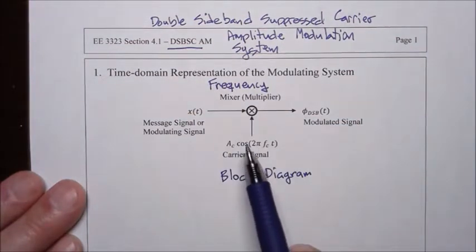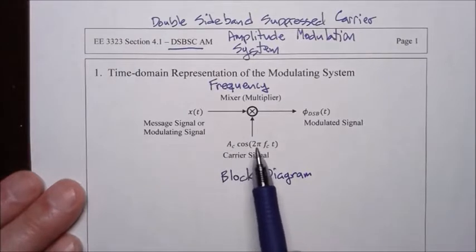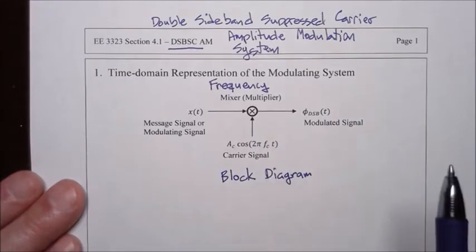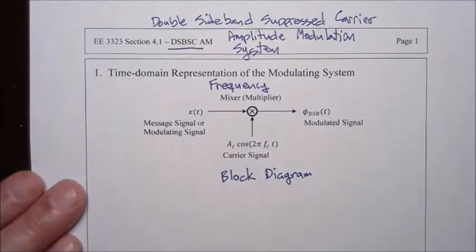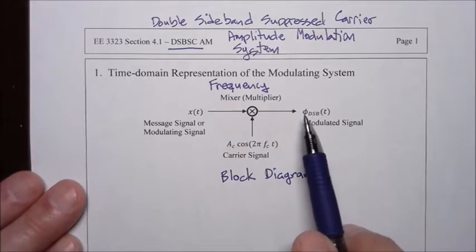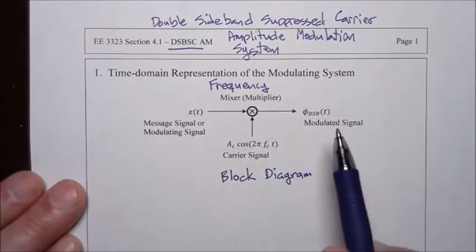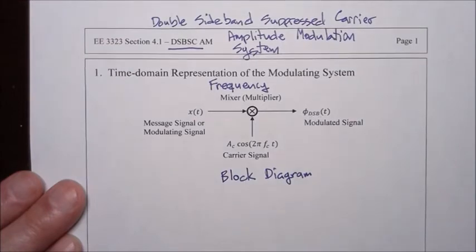And the second input is the carrier signal, a particular amplitude cosine 2 pi times the carrier frequency fc times t. The mixer multiplies these two signals together and produces the output, a double sideband suppressed carrier amplitude modulated signal. I'll just use the subscript double sideband to keep things simpler.